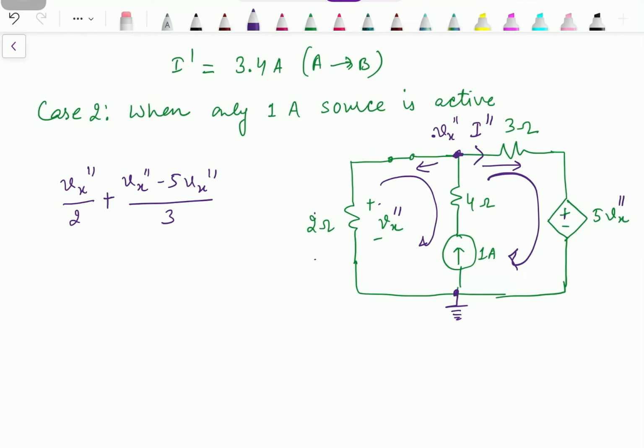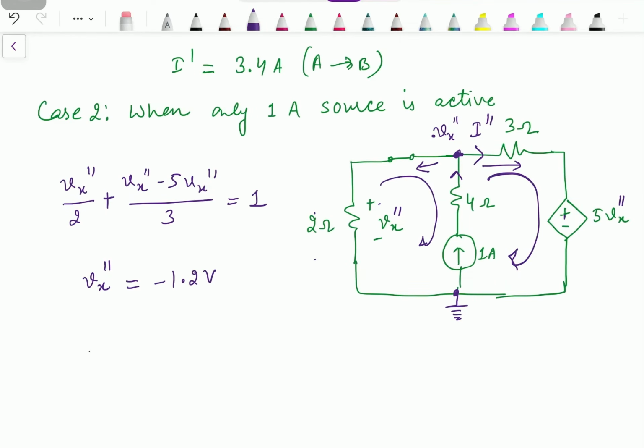Both currents are leaving, but this 1 ampere current is incoming, so the sum of these two currents should be equal to 1. So we have the value of Vx double dash from here, and that value is minus 1.2. You can calculate that it comes out to be 1.2.